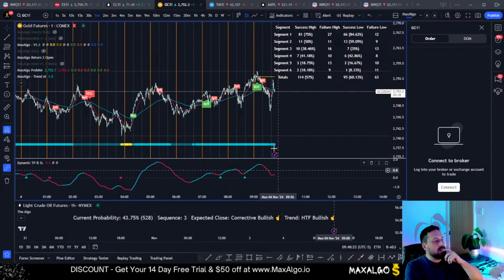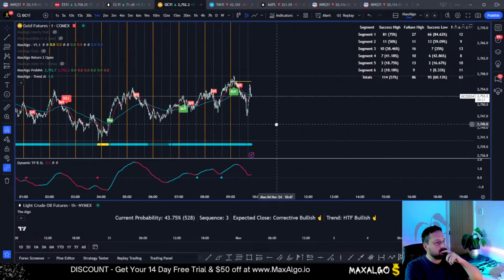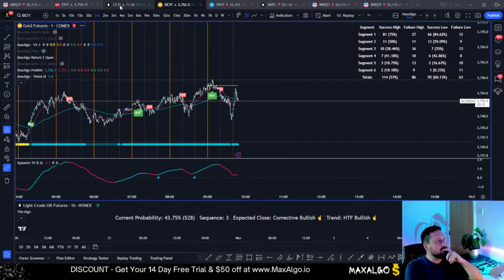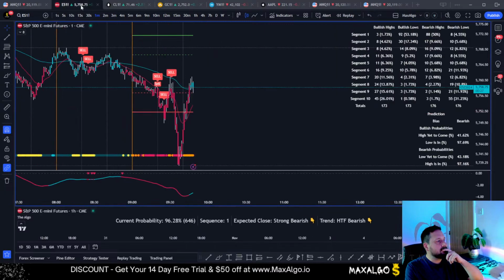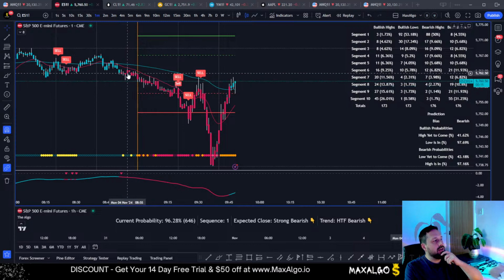Maybe gold might. Still strong on the trend though, so we need to see that transition. That was one hell of a comeback, right? So ES already did its return to open. Yeah, here's the open price.